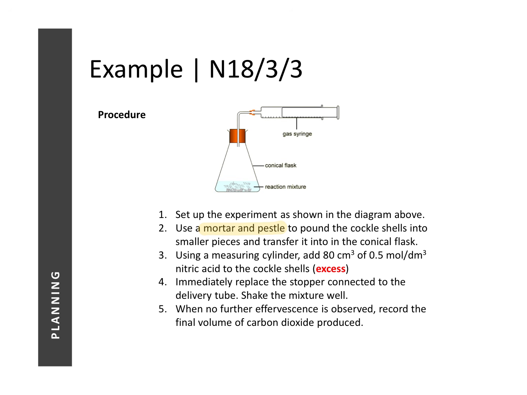Then we transfer it into a conical flask, and to the solid in the conical flask, we add excess nitric acid. The numbers given over here are just rough values.